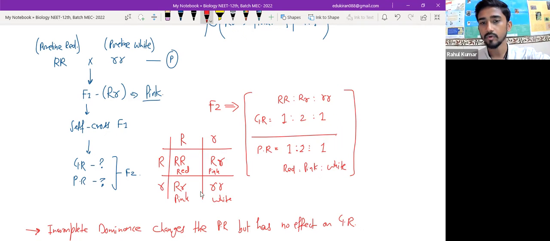All these crosses are monohybrid crosses, right? We are only taking 1 gene with 2 alleles and we are making a hybrid of that. So if you are talking about monohybrid crosses, yes, every time in F2, the genotypic ratio will be equal to the phenotypic ratio in incomplete dominance, but might not be the case in dihybrid cross, in 2 gene interaction.